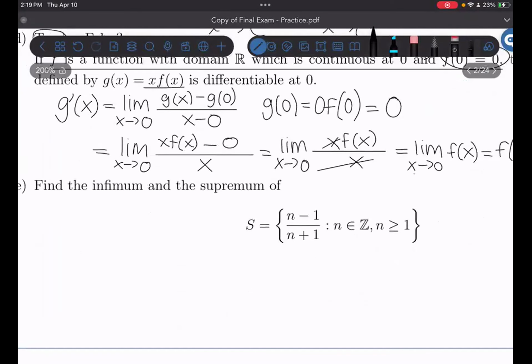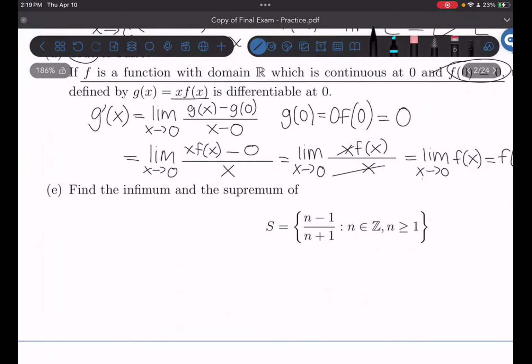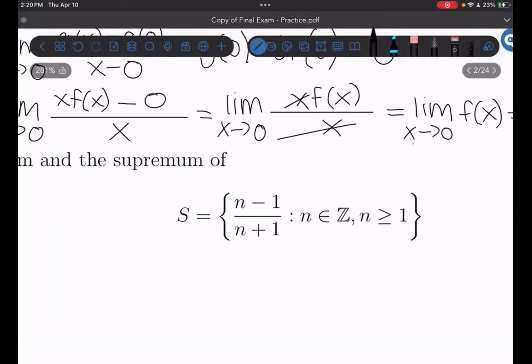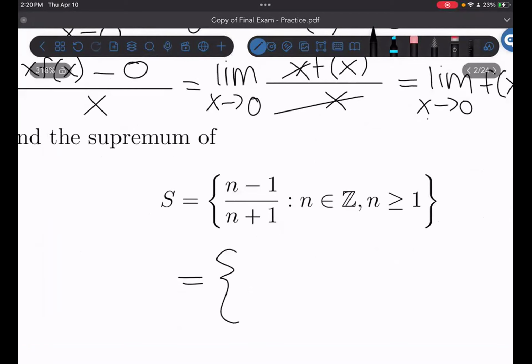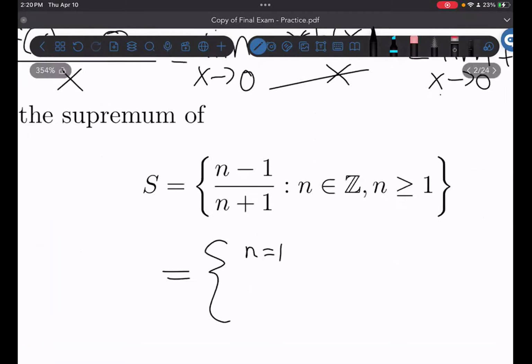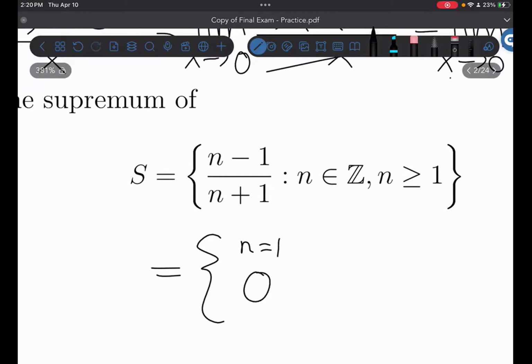All right, let's go to E. Okay, so we're finding the infimum and supremum of this set. So anytime I'm given a set, I like to imagine or write what kind of numbers are in this set. So for n, we know that it's integers and that it has to be greater than or equal to 1. So when my n is at 1, I get 0, right? 1 minus 1 is 0.